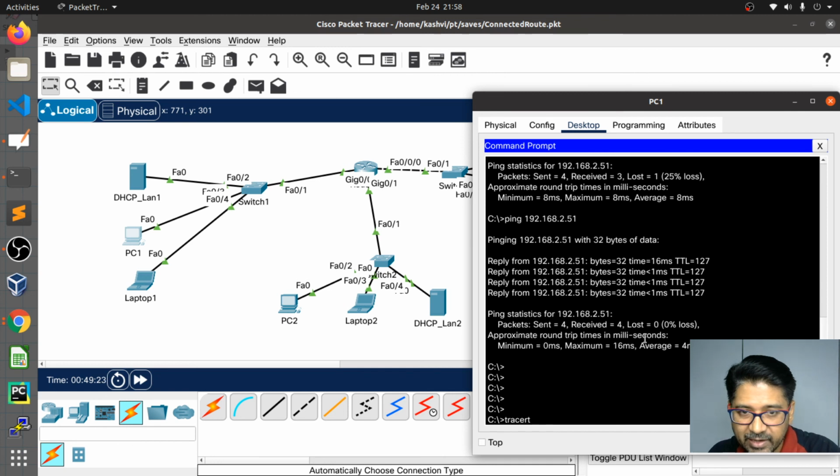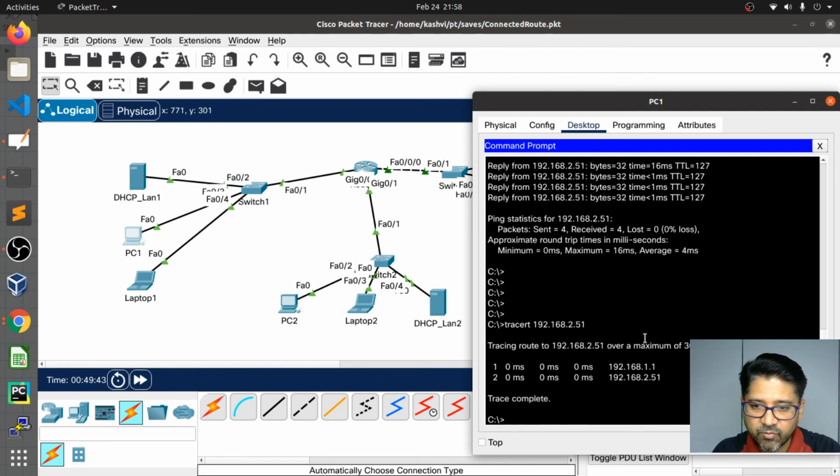Here you have visibility of the router, but in real time you don't know how many gateways you are crossing from source to destination. So you can use the traceroute command to see how many gateways you pass. You are passing one gateway and reaching your destination.